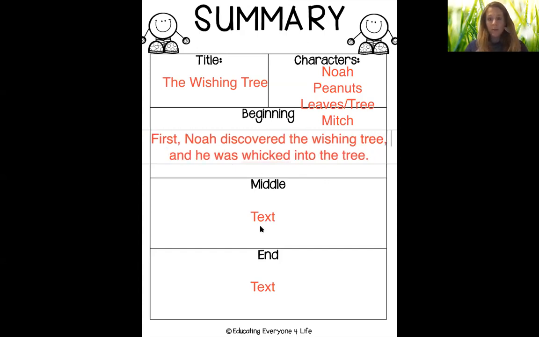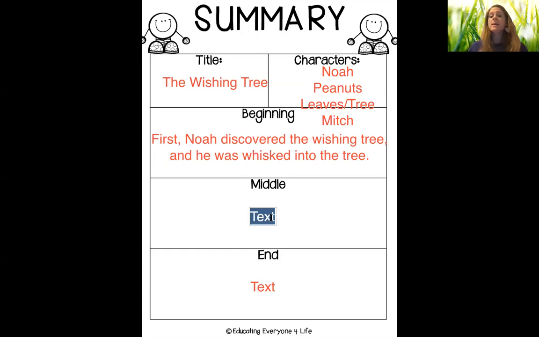That's our first sentence. First, Noah discovered the wishing tree, and he was whisked into the tree. Oh, I didn't spell whisked right, sorry. So remember, he goes up to the tree, I wish I could climb this tree, and whoosh, there he goes. He's in the tree.